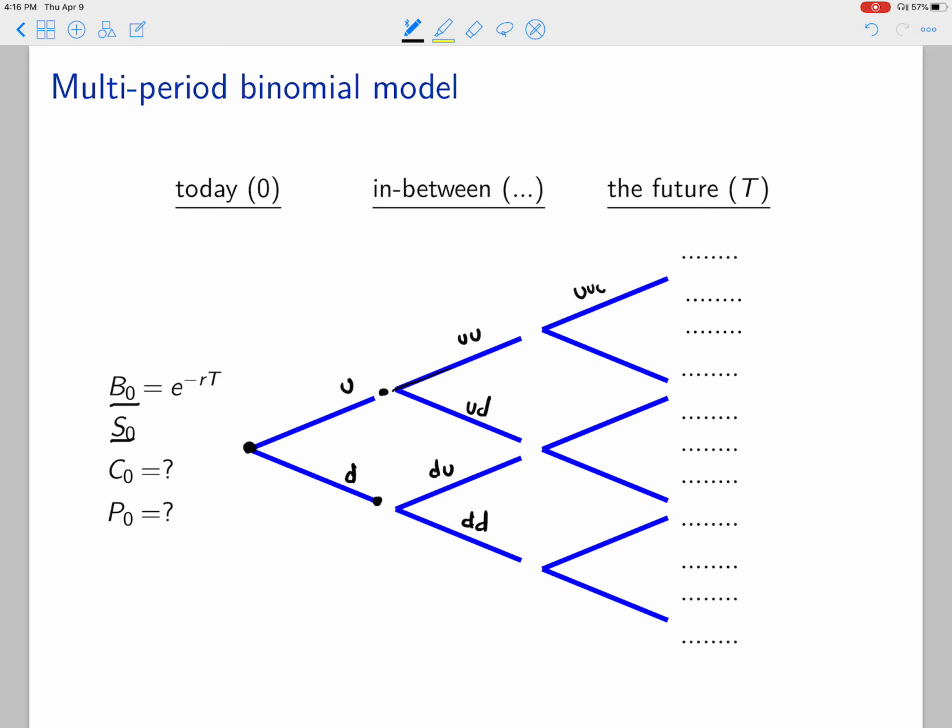So there's UUU up here, UUD right here. We have UDU here, or UDD here. There should be two right there, but you get the point. It's a recombining tree. DDU here and DDD at the bottom, and so forth.